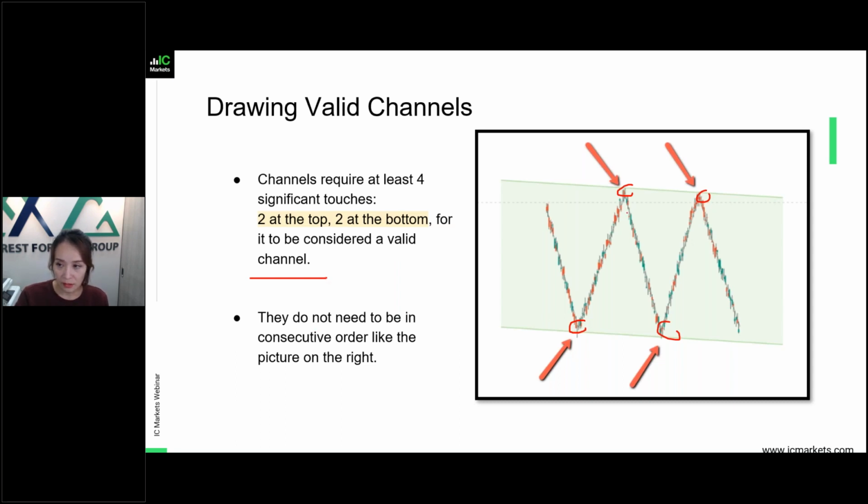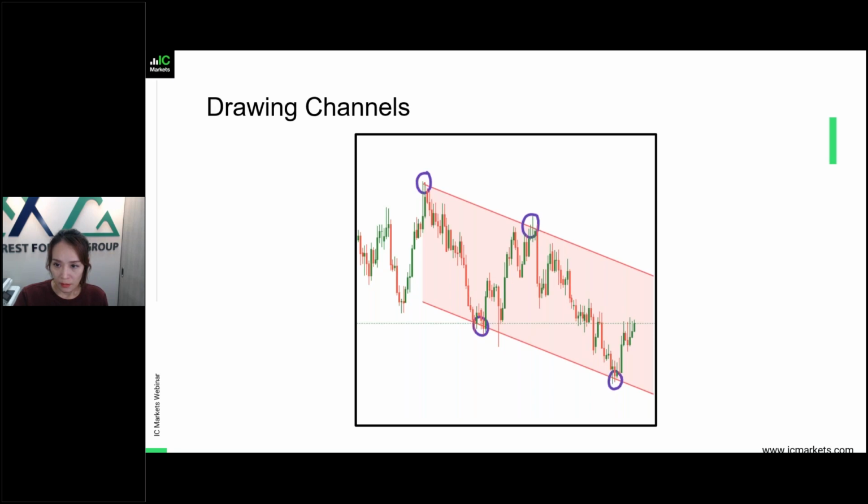Again, they don't need to be in consecutive order. It could be one touches here, and then maybe here is not, and then maybe on the third time you touch it, and then you can draw something like that. 1, 2, 3, 2 touches, and then you draw your channel line.